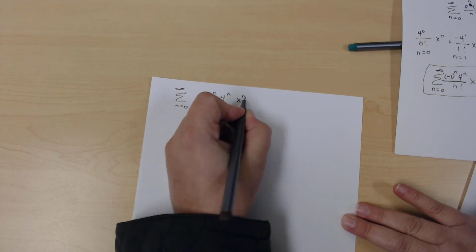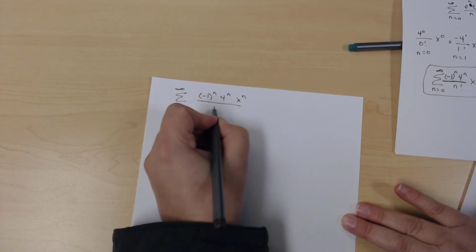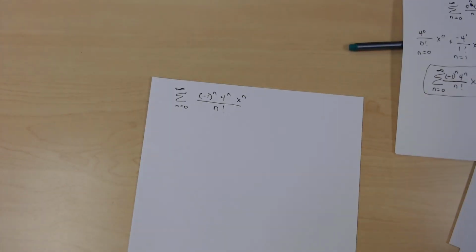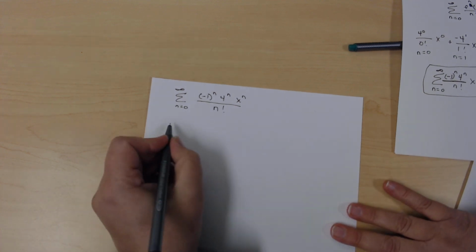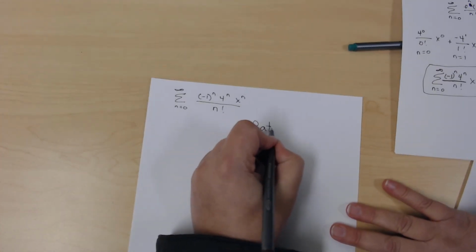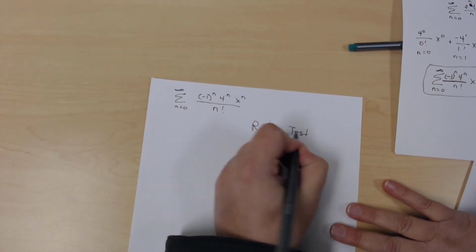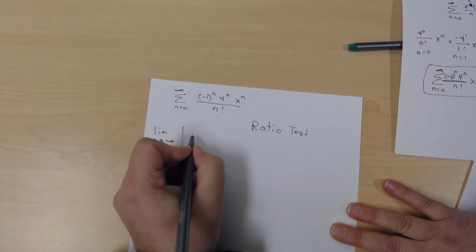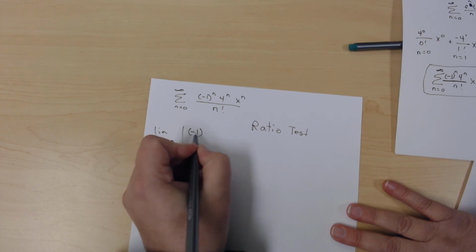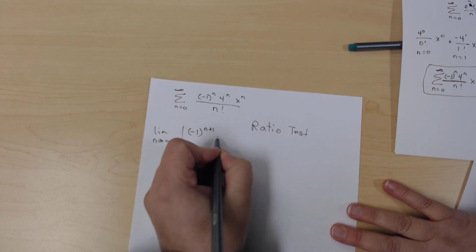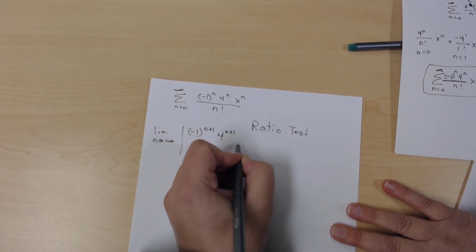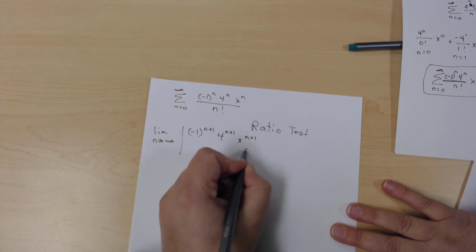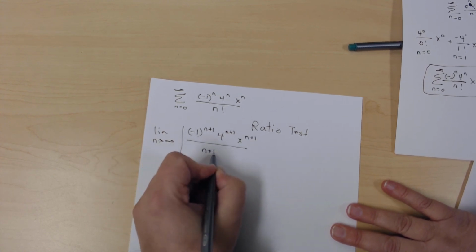Let's rewrite that, and I'll put the x to the n on the top then. Sometimes that's just easier. And then n factorial. Okay, so now radius of convergence. We're going to use the ratio test. The limit as n approaches infinity of plug in your n plus 1 over n plus 1 factorial.